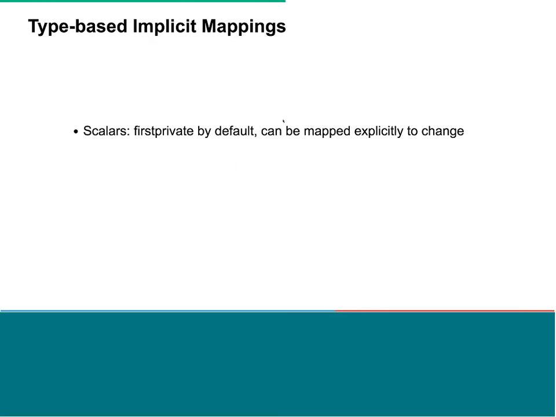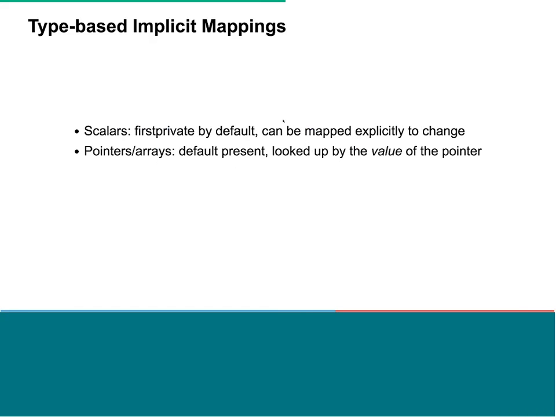And the basis of this is, instead of having a single rule that covers all variable types, we decided to split it out. Scalar variables, meaning any kind of intrinsic basic type, int, double, float, char, etc., are considered scalar. They are firstprivate by default, but they can be mapped explicitly if the firstprivate behavior is not desired.